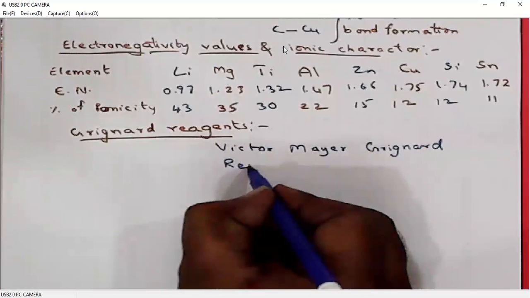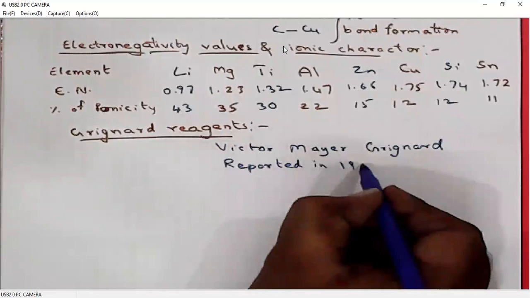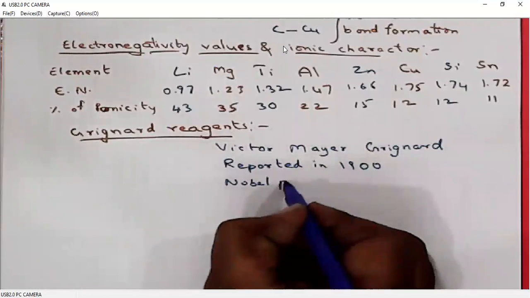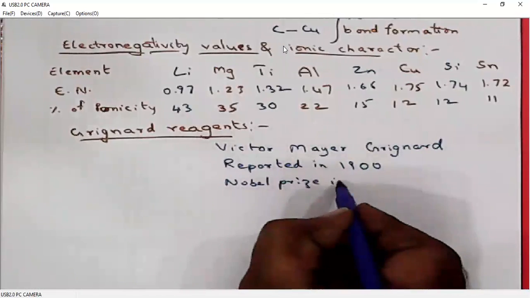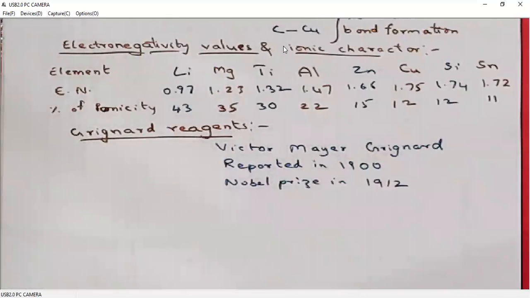He discovered them in 1900, and for his discovery, he got the Chemistry Nobel Prize in 1912. So within 12 years, he got the Chemistry Nobel Prize for discovering Grignard reagents. So such important reagents are.